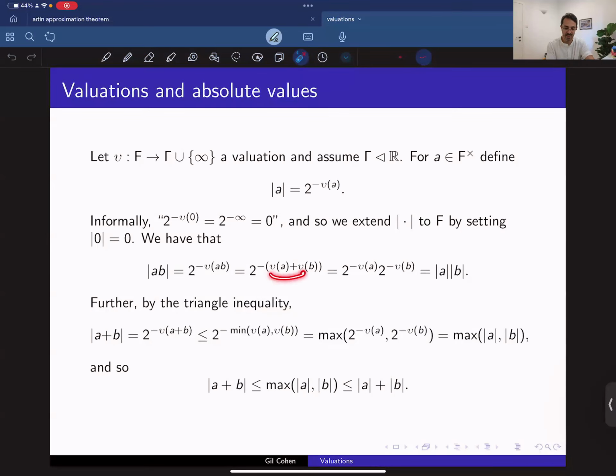The additivity here is translated to multiplicativity because we chose the exponential relation.